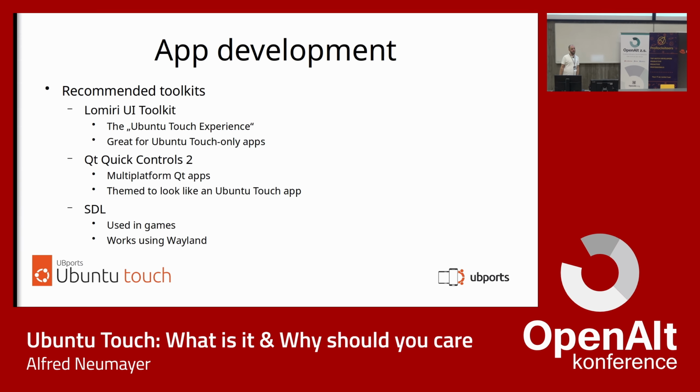So we have the Lomiri UI toolkit, which is the Ubuntu Touch experience as one expects from the phone and from the tablet. And it's great for Ubuntu Touch only apps. Now, should you be a Qt developer or QML developer and want something that works across multiple platforms, you're best served with the Qt Quick Controls 2, which is the toolkit that came out of Qt, the Qt company.